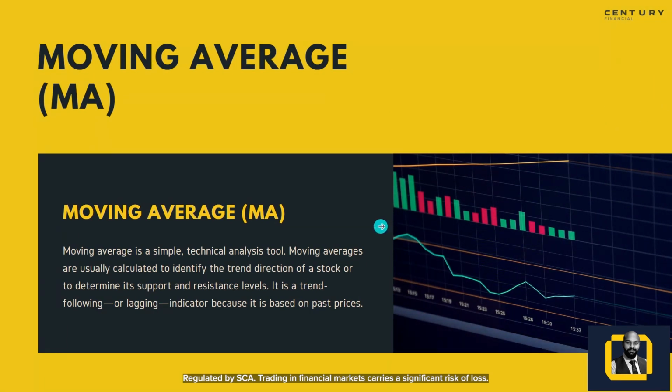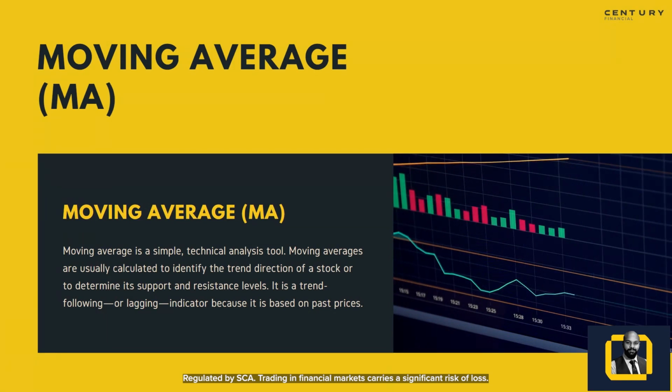Now, moving average is very simple to understand. Like I mentioned to you, moving average is a technical tool. It is usually calculated to identify trend direction of a stock or a commodity, and it helps determine support and resistance levels. What is a support? Support is like, let's say, for example, Apple, when it was dropping, it took support at 61.8.